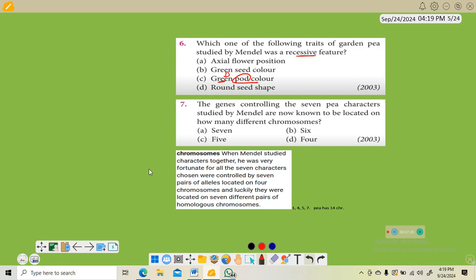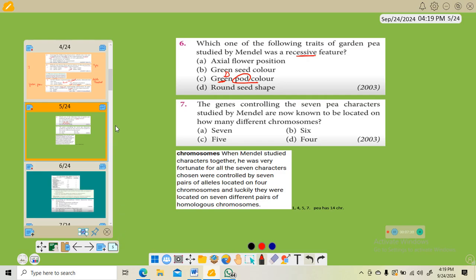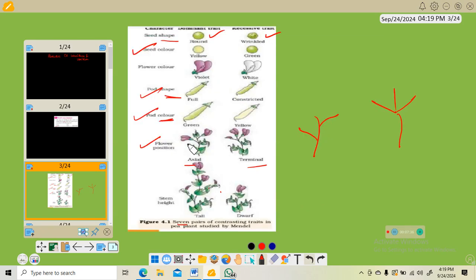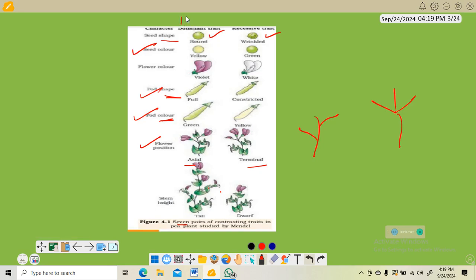Then coming to axial flower position, this is dominant.